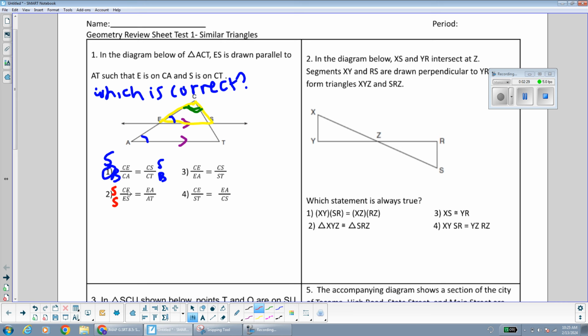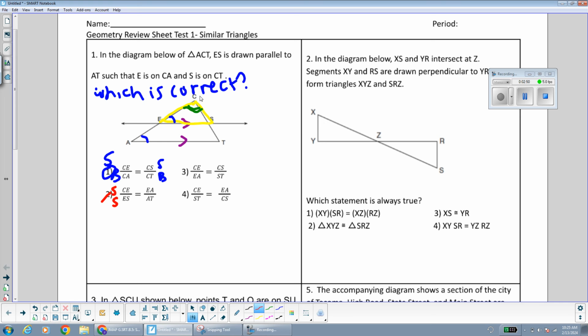So corresponding to CE would be CA, but that's not what's here. What's here is EA. EA is not the full side of the big triangle. In fact, EA is not a side of either of the triangles. It is a side of this quadrilateral that is at the bottom. So that's not going to be okay. Goodbye to that answer.